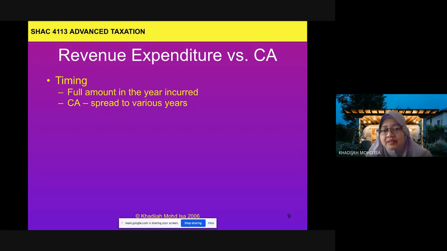In the first year you claim IA and AA, and in the second year you claim AA, AA, and AA. Assuming 20% initial allowance and 20% annual allowance, you take 4 years to claim the total qualifying expenditure of the asset.